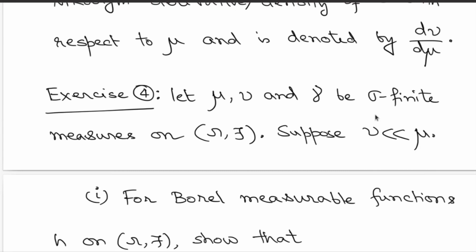So choose three sigma finite measures mu, nu and gamma on the same measurable space, and suppose you start with that setup of the Radon-Nikodym theorem, that the second measure nu is absolutely continuous with respect to the first measure mu.